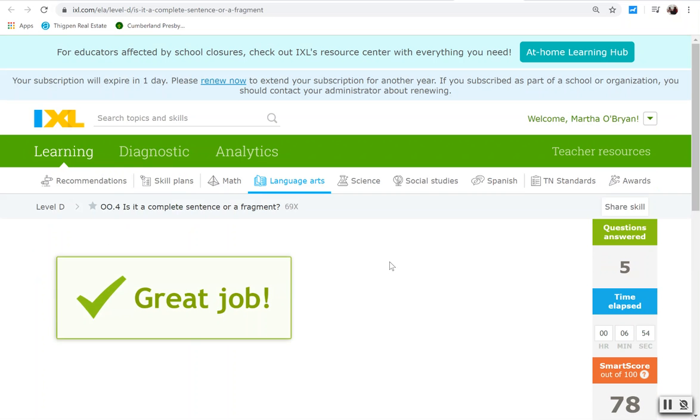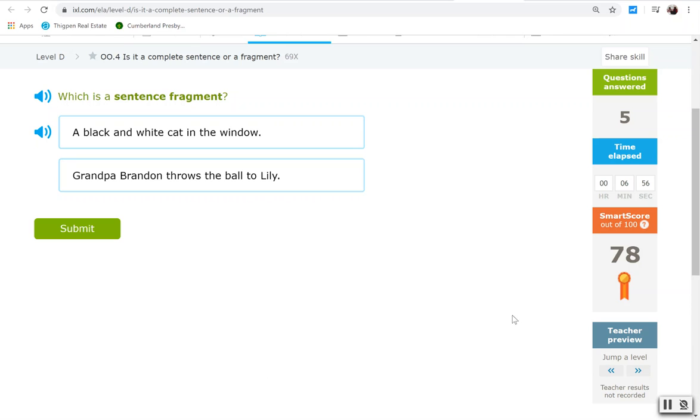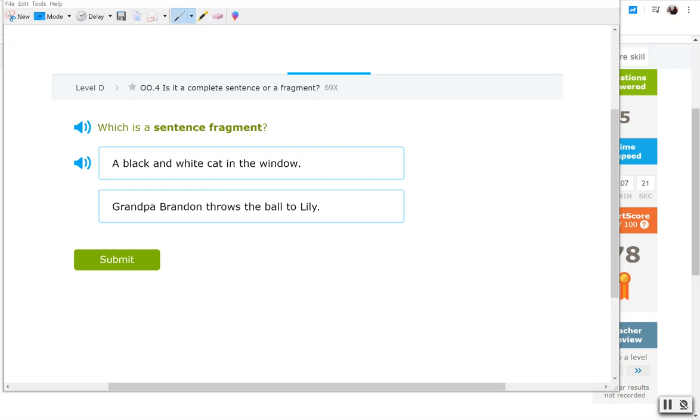All right, one last example, and then I will leave you to it on your own. Which is a sentence fragment? A black and white cat in the window, or Grandpa Barton throws the ball to Lily. So let's take a look. A black and white cat in the window.